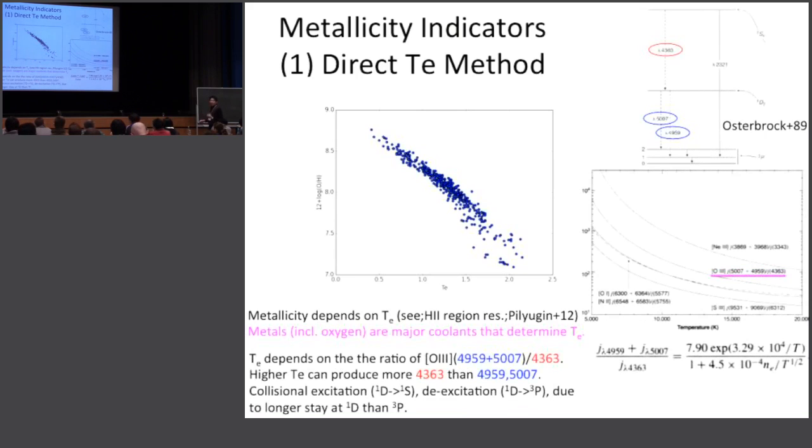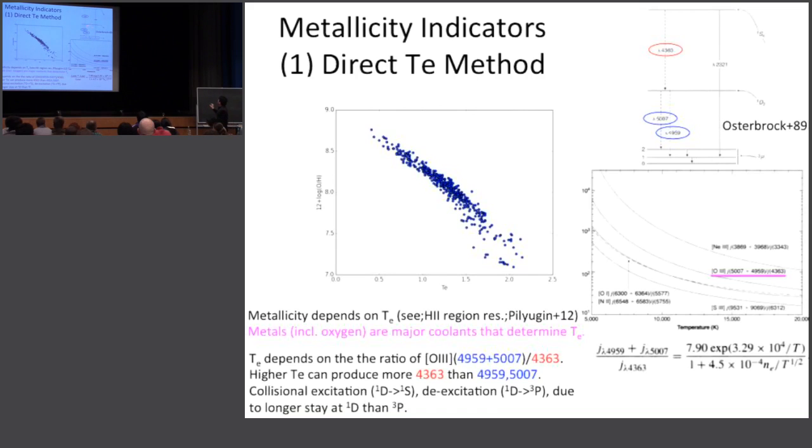Then the next question is how you can measure the electron temperature. If you go back to Osterbrock's textbook, it tells you the answer: using the 4363. This shows the transitions of oxygen 3, and as you know, 5007 and 4959 are the forbidden lines.